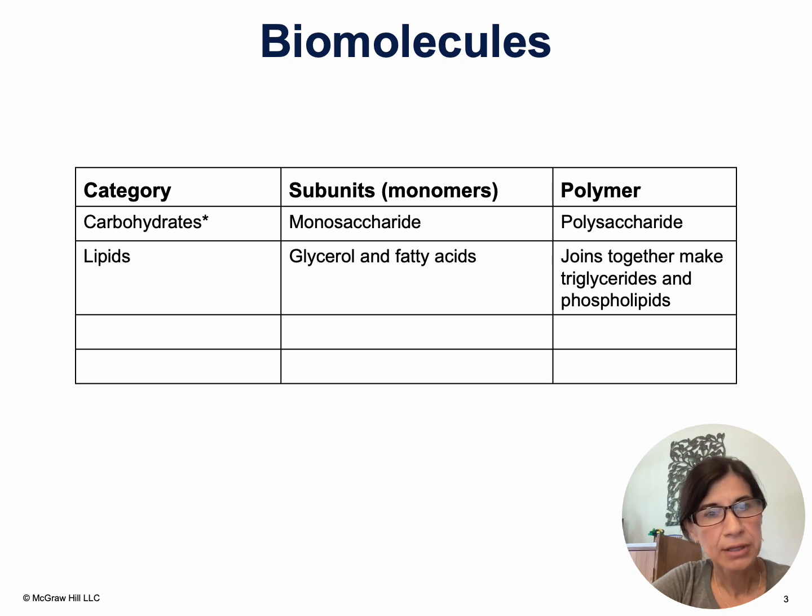Now we're moving down to lipids. The building blocks or the subunits of lipids are glycerol and fatty acids. So it's two different molecules. It doesn't fit as nicely as the carbohydrates, and glycerol and fatty acids will join together to make a larger molecule like triglycerides and phospholipids.